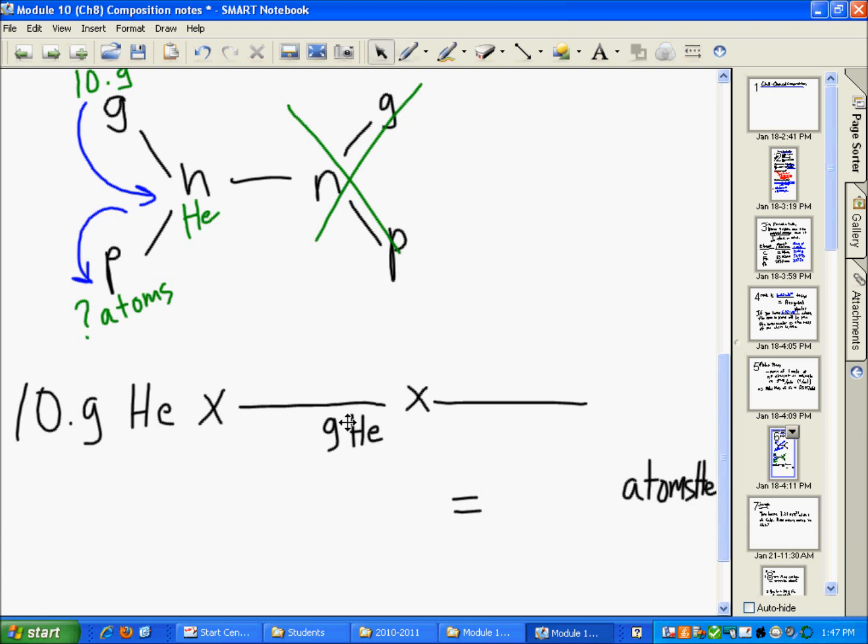At the end of the first step, we're going to be beside the N. That'll be moles of helium. In the second step, we have to get rid of that unit, so mole of helium has to go in the bottom. And at the end of the second step, we'll be at P, and the unit will be atoms of helium.